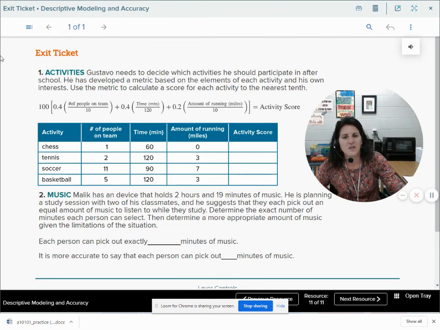So what I would like for you to do is on a piece of paper, complete this exit ticket. Go ahead and do number 1 and number 2. And you're going to submit that online via Google Classroom. I want you to take a picture of your work and upload it there so that I can give you credit for watching the video and for completing the exit ticket.